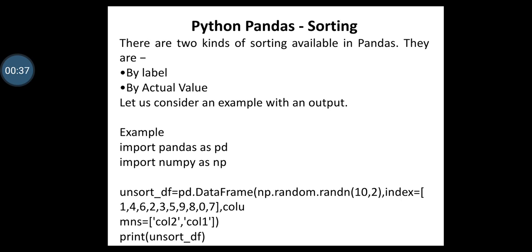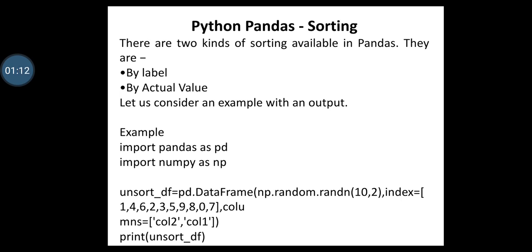So first of all, I import the two basic libraries. The first one is import pandas as pd, and numpy for the calculation of numerical values. Define a variable named unsort_df, a data frame: put the pd alias name and call the DataFrame method, then call the np alias of numpy and call the random rand method, and put the values 10 comma 2.